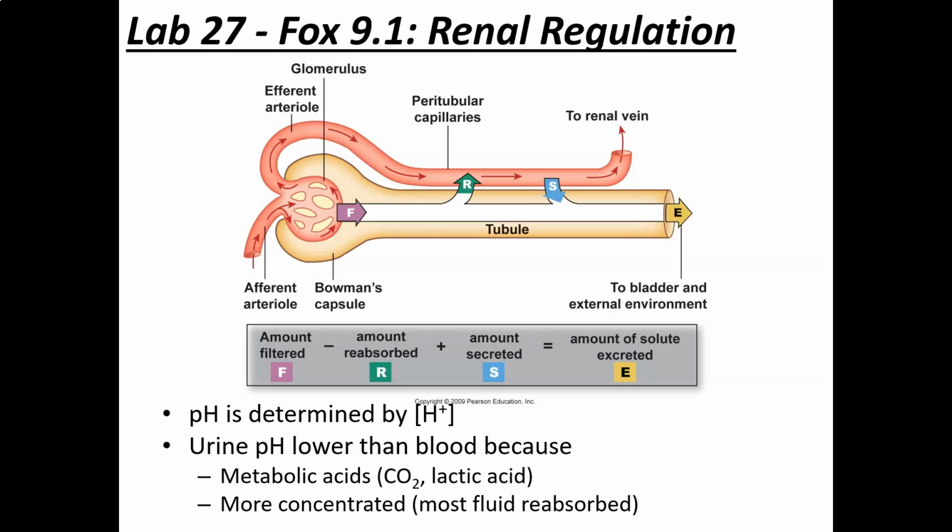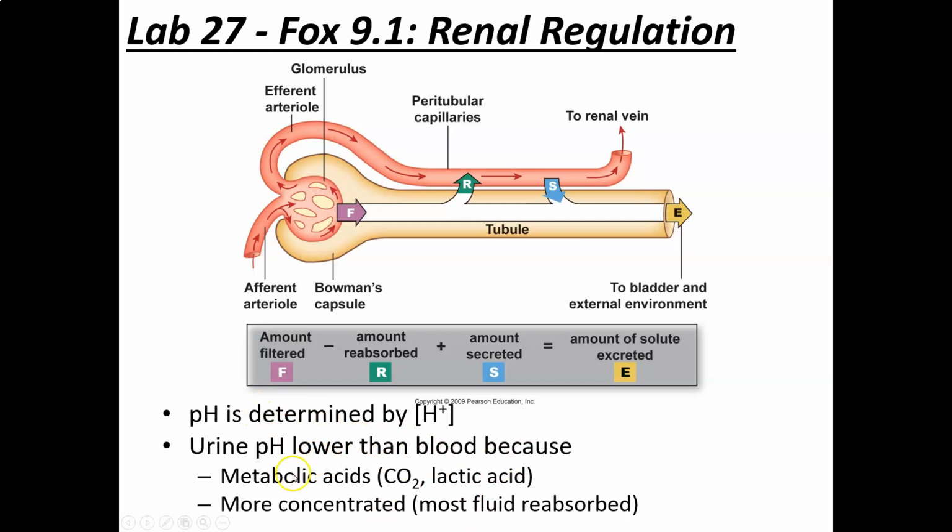So a couple reminders with pH. pH is determined by your concentration of hydrogen ion, right? So remember H plus in brackets is concentration of. Urine pH is typically lower than the blood. Remember, blood pH is 7.35 to 7.45 with an average right around 7.4, right?